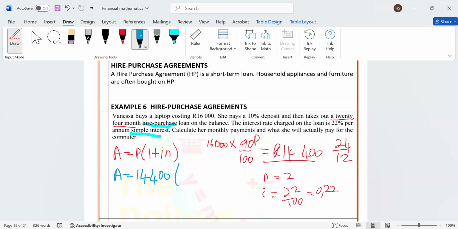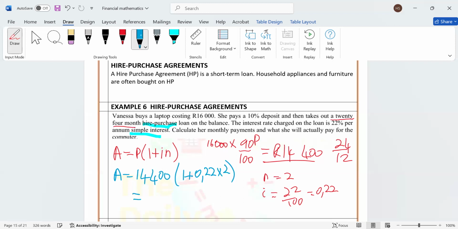So the money that we're going to borrow is 14,400. It's 1 plus 0.22 multiplied by 2, not 24. That's another mistake that we're going to see. I'm telling you, we're still going to make them. We don't multiply by 24. We multiply by 2, because we want our N to go back to years.